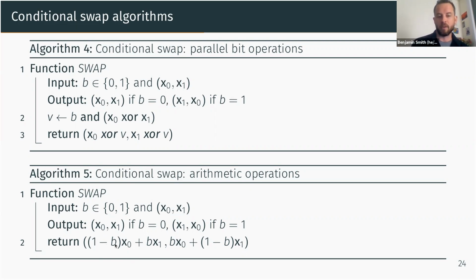Clearly, 1 minus b is going to be 1 if b is 0 and 0 if b is 1, and vice versa for b. So applying these formulae, when b is 0, you're going to get x0 in the first coordinate and x1 in the second. And when b is 1, the x0 will be masked away and you'll get x1, and you'll get x0 in the second here. So that will swap things over.